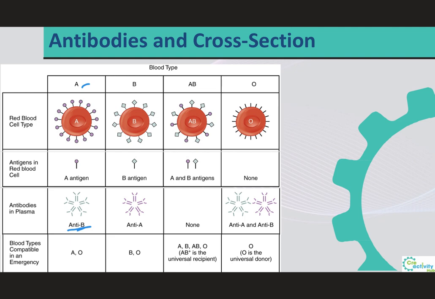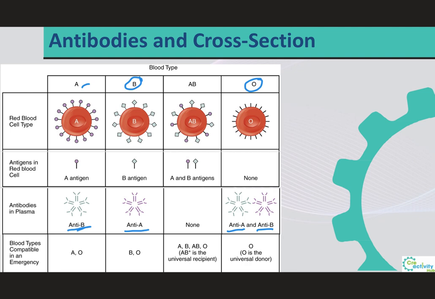And if you are type B blood, then your plasma contains circulating anti-A antibodies that will attack type A erythrocytes. And if you are type O blood, then your plasma contains circulating anti-A and anti-B antibodies that will definitely attack type A and type B erythrocytes.